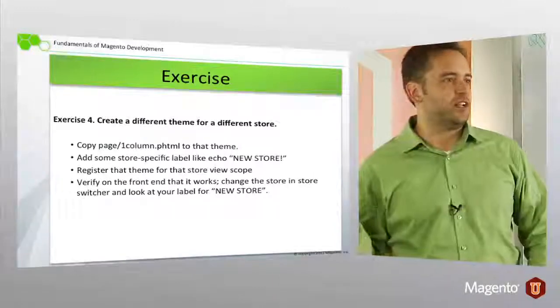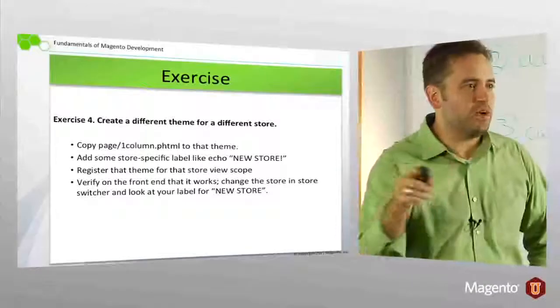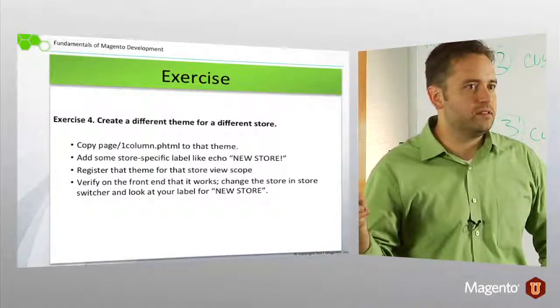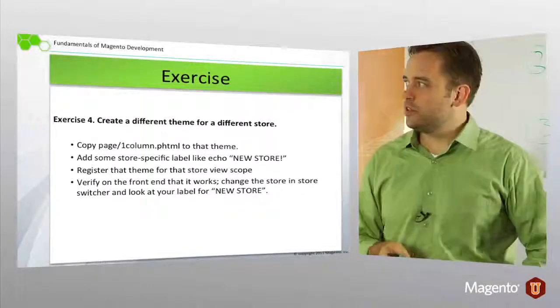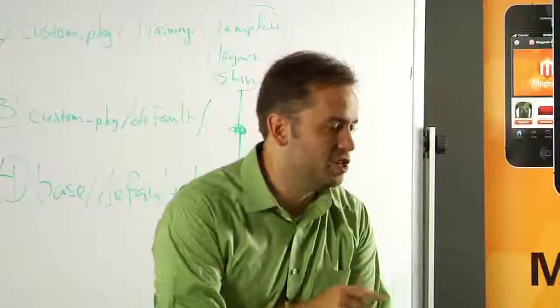So, you saw me do this a second ago. I just went down into a store scope, specified a different setting, and then that became the theme that was used. In fact, say I have that customization in the primary theme.